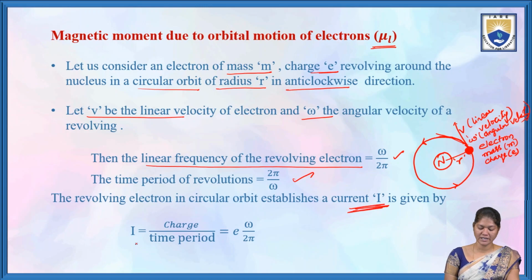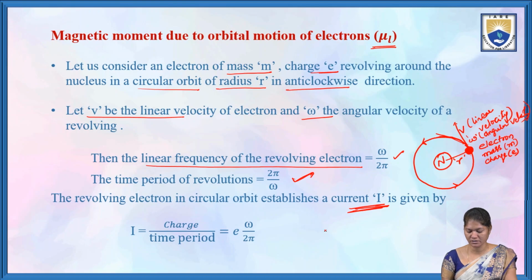The current I is equal to charge by time period. As we know, the charge of the electron is e, and the time period is 2 pi by omega.